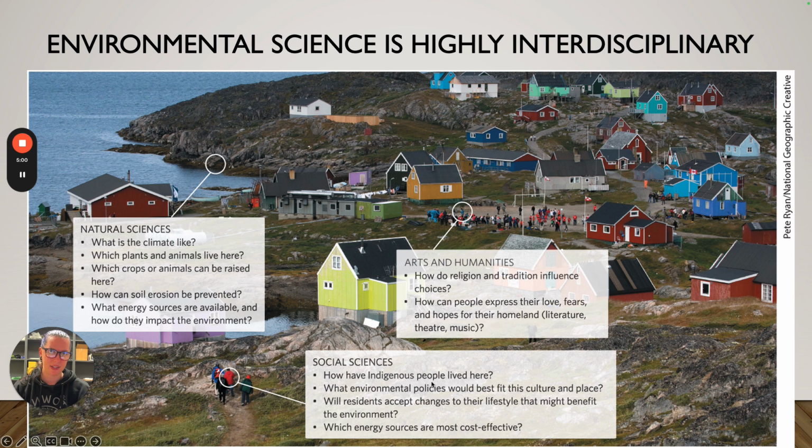Whereas social sciences would go into things like, how have indigenous peoples lived here? What sort of environmental policies would best fit this culture and this place? Will residents accept these changes to their lifestyle that might benefit the environment, and what energy sources are most cost effective? There's a lot of talk about solar panels and solar as an alternative energy to, say, coal or oil.